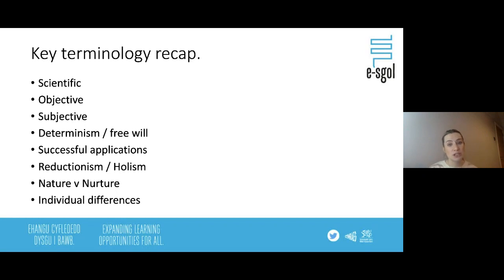The biological approach is very deterministic, okay? It doesn't really believe that your behaviour is driven by anything else but your biology. But we know that your behaviour is driven by other things, and I'll come on to that in a minute. Okay, so you've got determinism versus free will. That's always a really nice discussion to have in an evaluation question.